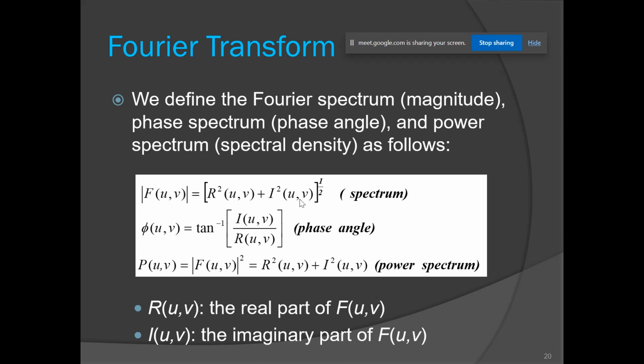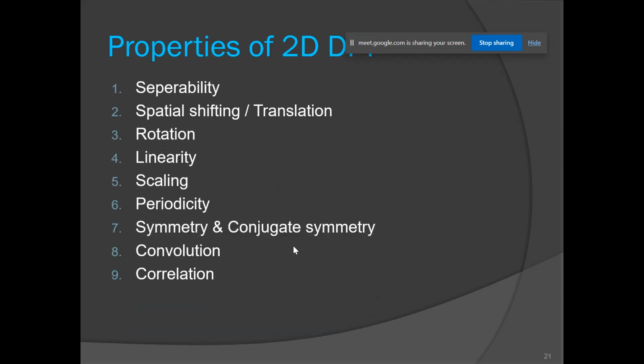Actually F of uv is a complex number, and we have seen the polar form also. So the spectrum formula is the square root of the square of the real part of F of uv plus the square of the imaginary part of F of uv. This is the phase angle, and this is the power spectrum. It is just the square of the spectrum. This point we discussed in the previous lecture.